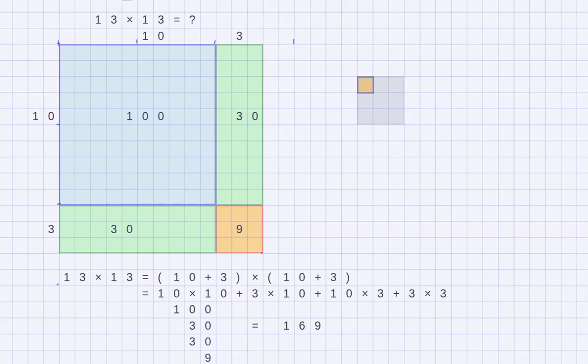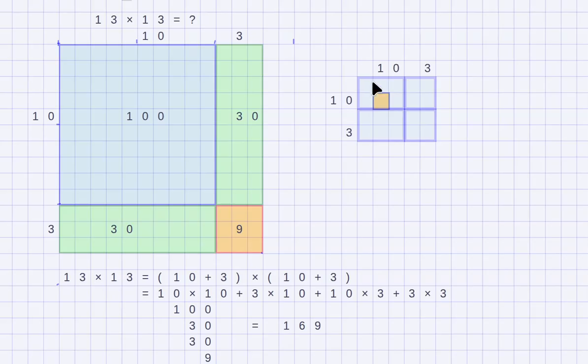We need a better box. Okay, so we can draw these different parts, and we can just label them. We can just say, okay, that is 10, and that is 3, and that is 10, and that is 3.